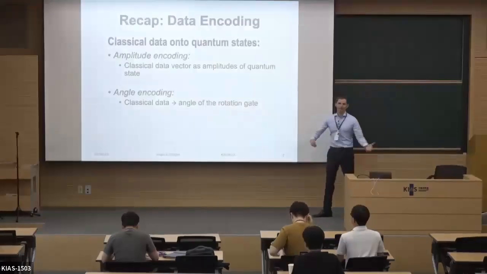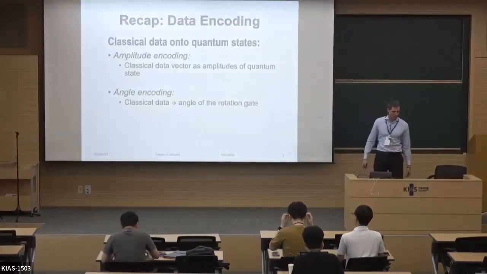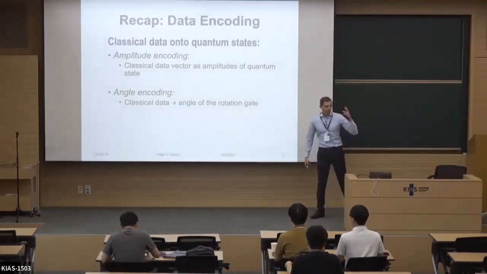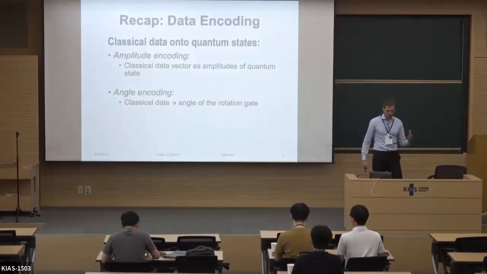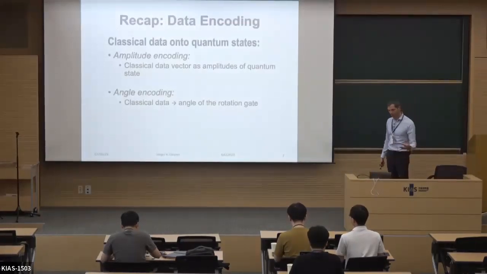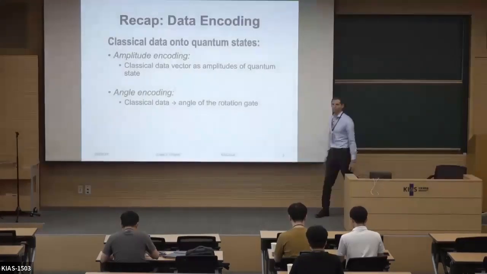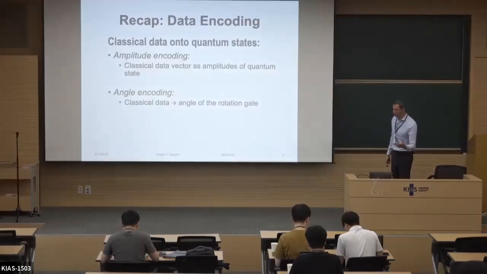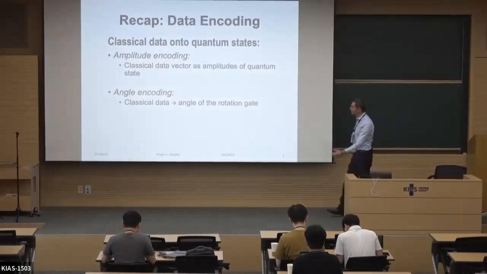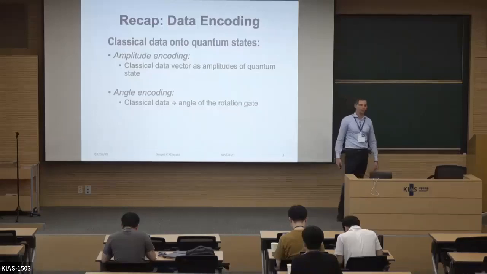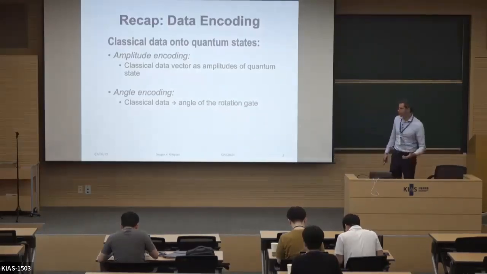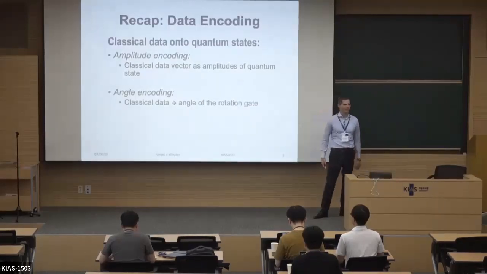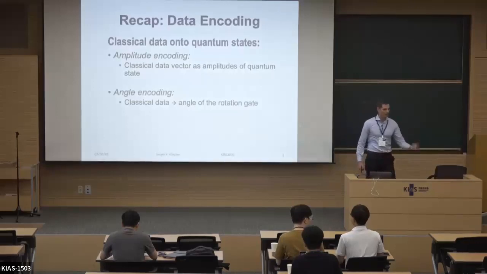So let's recap a little bit. What did we talk about last time? Just briefly, just to set the stage. One of the key things is how do you encode your data into a quantum state? There are several ways to do it. The most popular ones are amplitude encoding, where you encode the classical vector as an amplitude of your quantum state or your wave function. And the other way you can do it is through angle encoding, where the angle of the rotation gate is completely determined by the classical feature vector.